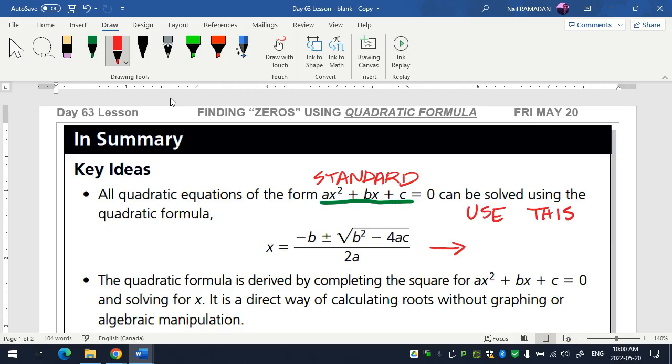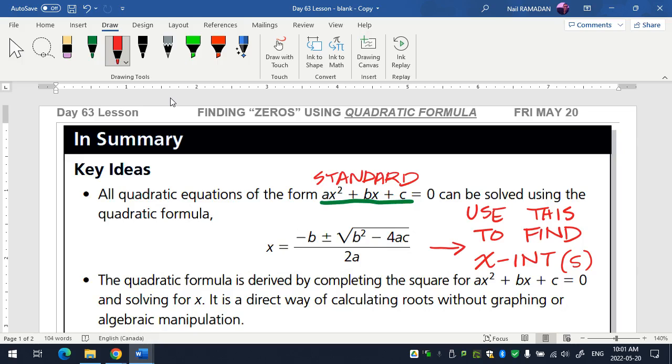By the way, do you always have to have two x-intercepts? You can sometimes have one, or you can have none. So sometimes you get two x-intercepts, sometimes you get one, sometimes you get none.